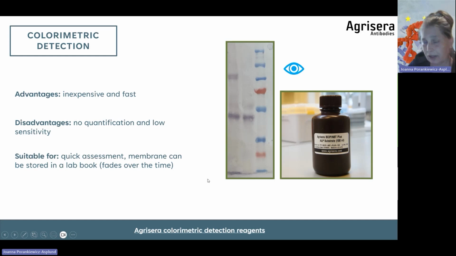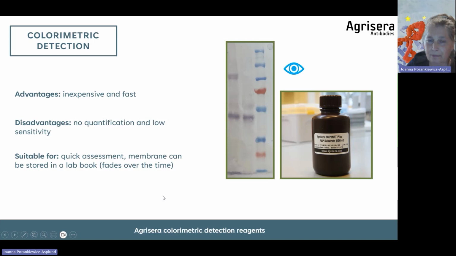You do not require any CCD camera for visualization of binding, but this is a method for proteins of high and medium abundance. I would not recommend this detection method for working with, for example, transcription factors, which are usually not abundant in big quantities.